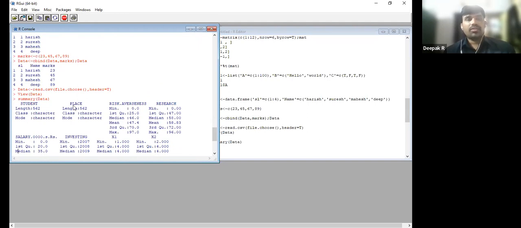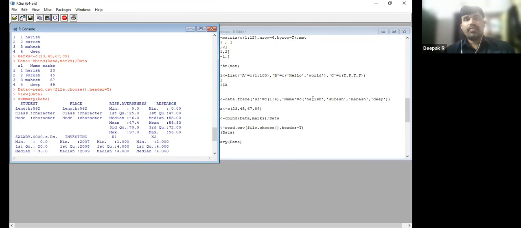So here there are some misinterpretations which happen, because it is data in as well as data out. What we have is the name of these investors, the place they come from, the risk averseness, the research, the salary, investing. We will notice that the place is going to be a factor because there are some distinct values.